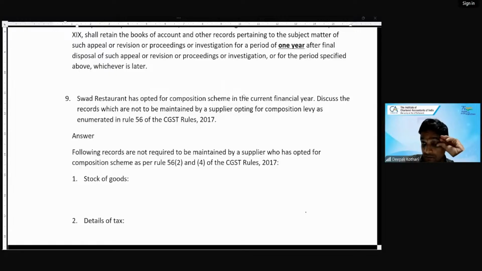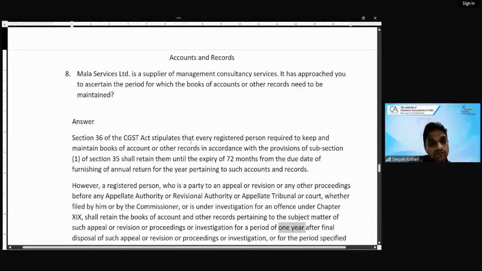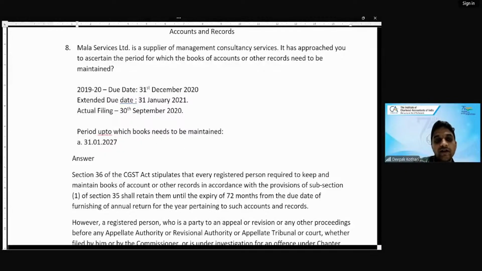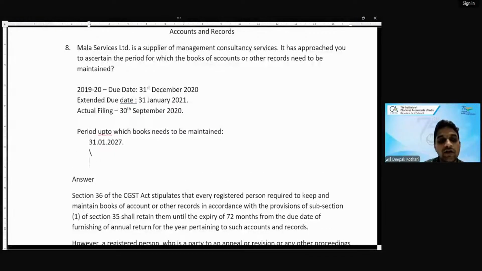Yes, Pooja. Sir, can you explain it with an example? I can't understand the provision of 1 year. Sure. So for 1920, we know that the normal due date is 31st January 2027. Correct? Now, for 1920, you have filed your annual return, and actually you filed in September.